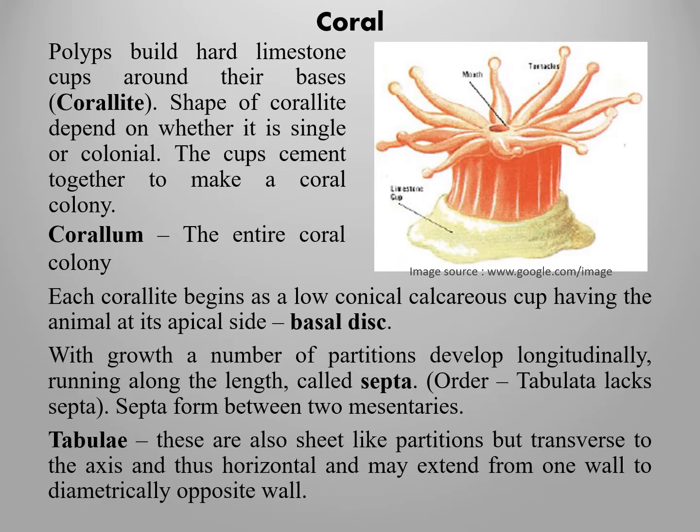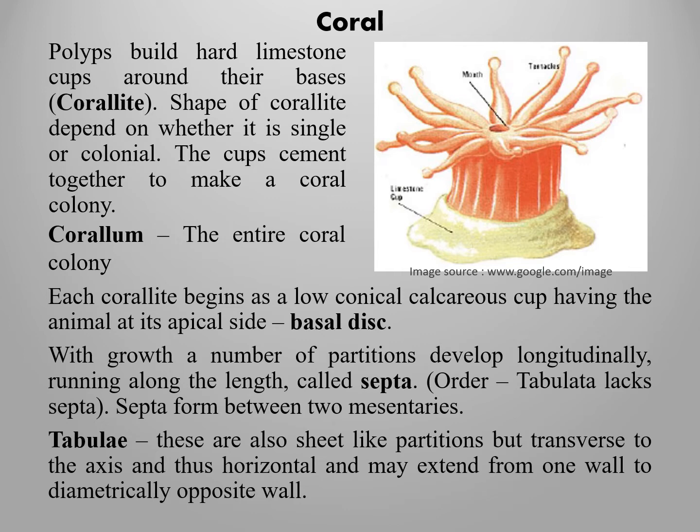Now coming to corals, that is the class Anthozoa, within which is one organism, that is corals. Now the polyps of corals build a hard calcareous substrate that is known as coralite.